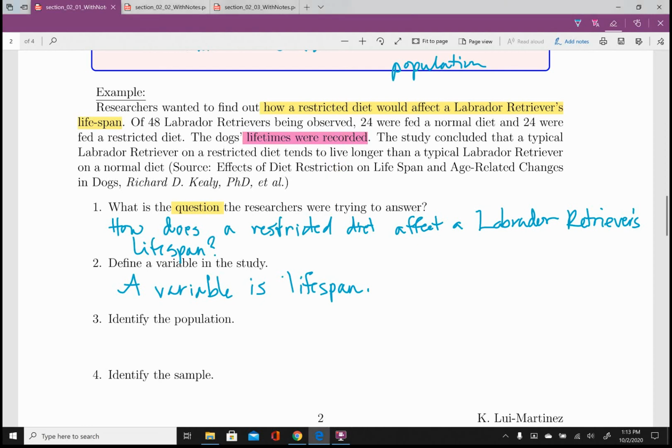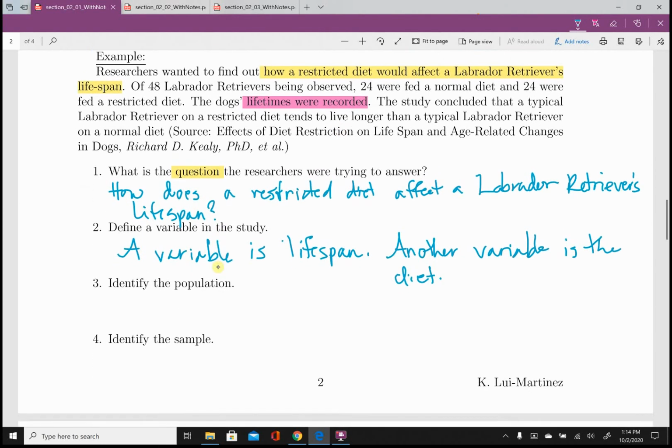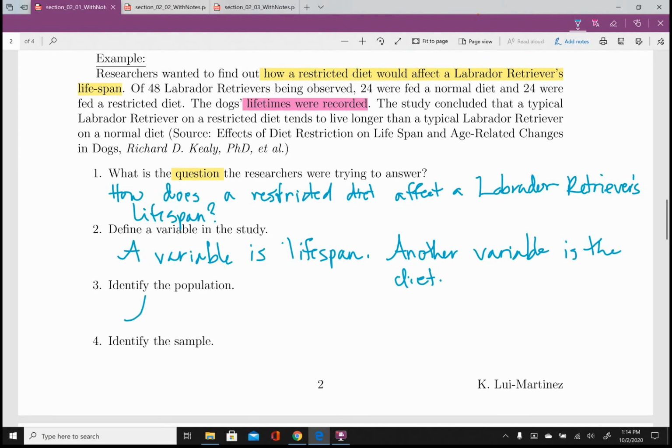That was time sensitive. Another variable that I wanted to mention was, of course, the diet. Now, I know in the problem here it just says define a variable, but just to be very thorough, I thought I would also include another one, which is the diet. Either it's restricted or it's a normal diet, right? Okay, identify the population. Now, the population in the study is all Labrador retrievers.